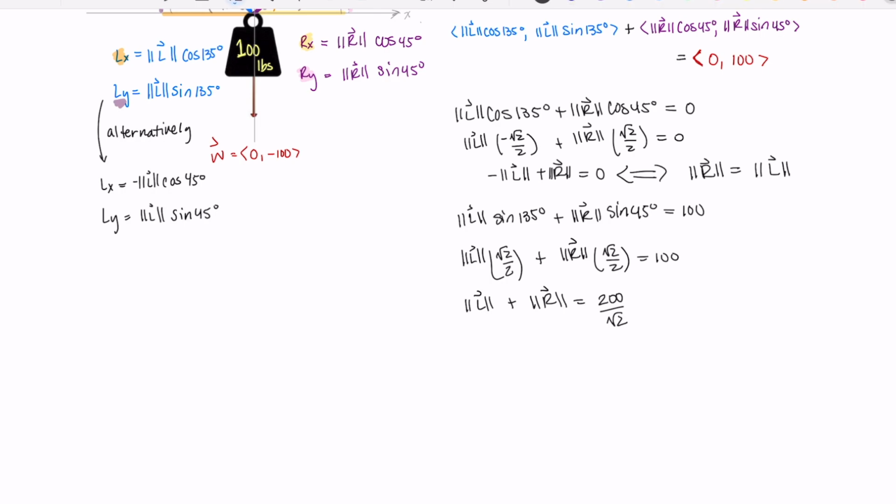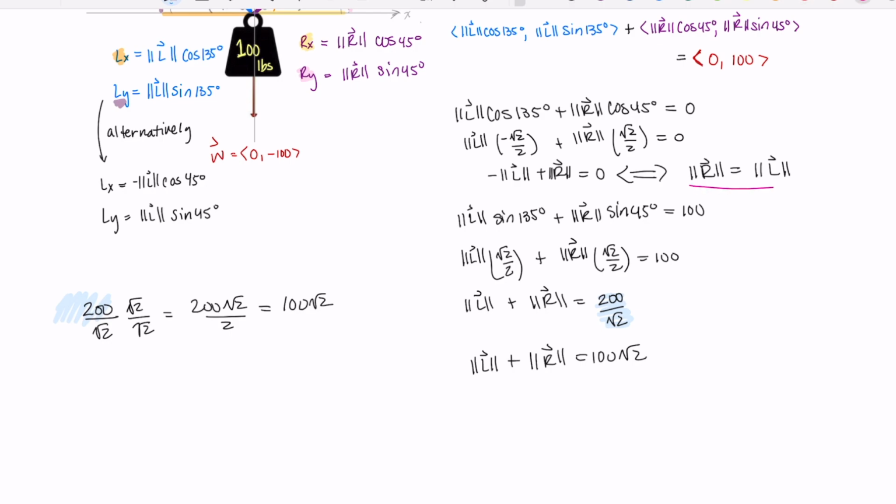And then on the side here, let's take care of this real fast. Let's rationalize 200 over root 2. Multiplying by root 2 over root 2, that's 200 root 2 over 2, which is just 100 root 2. So on my next step, I'm going to write this as the magnitude of L plus the magnitude of R equals 100 root 2.